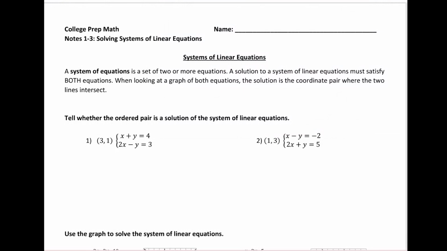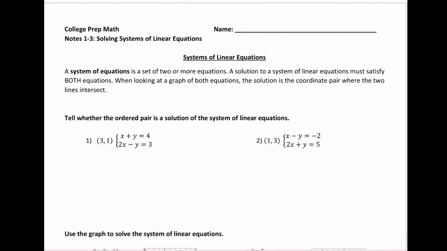how to find it algebraically. So a system of linear equations is simply a list of more than one equation that's being considered simultaneously. In this class, we're only going to be looking at systems of two equations.